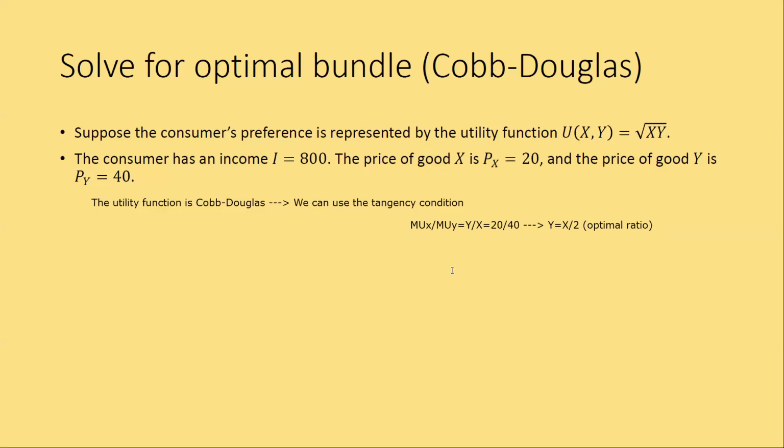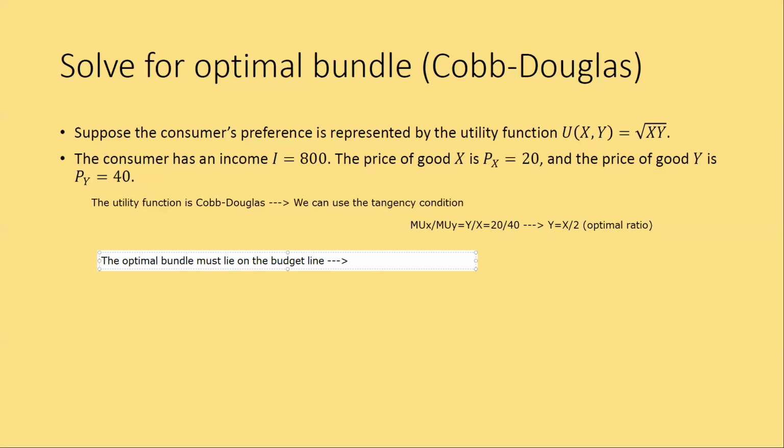All right. So we are going to combine this condition with the second condition, which is that the optimal bundle must lie on the budget line. We argued that this condition holds because of the assumption that more is better.